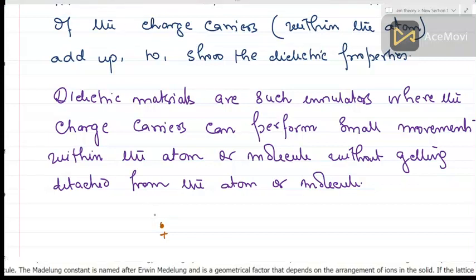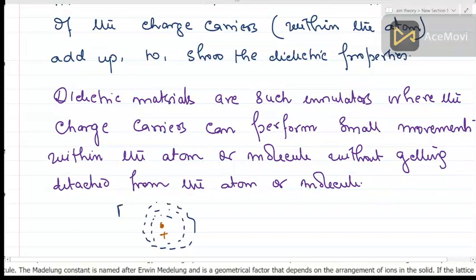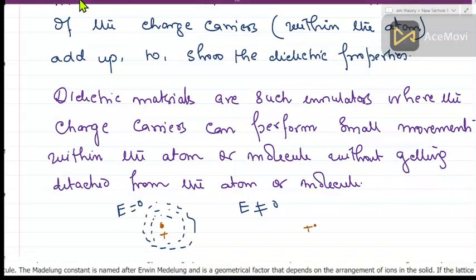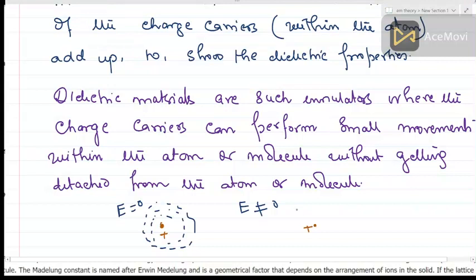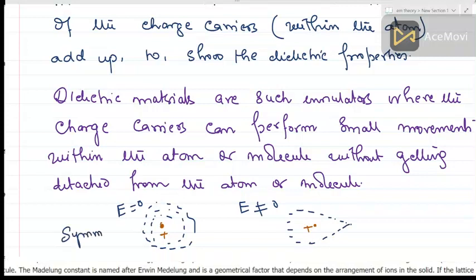Suppose, let me show you with a rough diagram, this is the positively charged nucleus, and around this nucleus you have a distribution of negative charges. See, this way the negative charges are placed and electric field is zero. Now when the electric field is not equal to zero, what happens? This charge distribution gets distorted in a dielectric material.